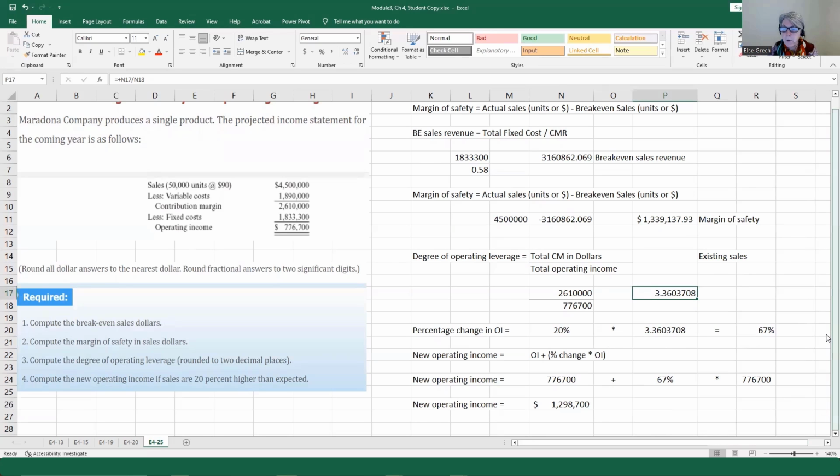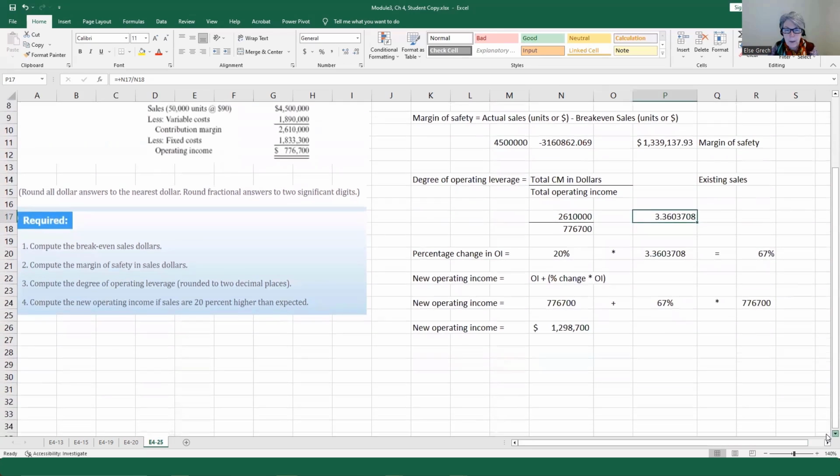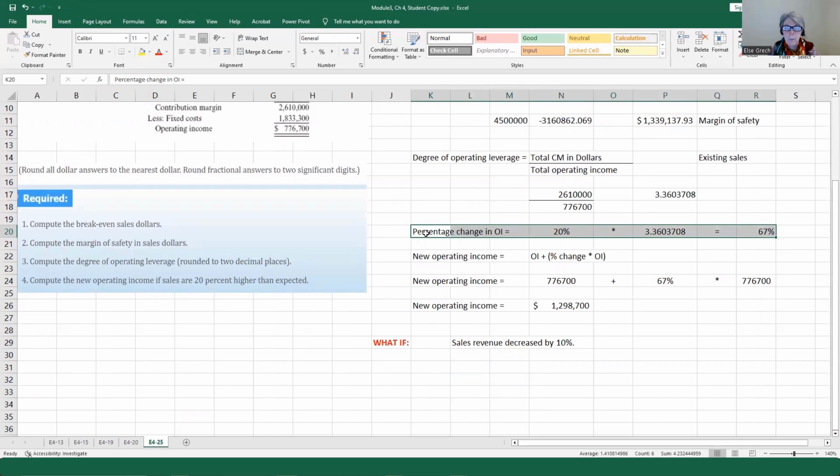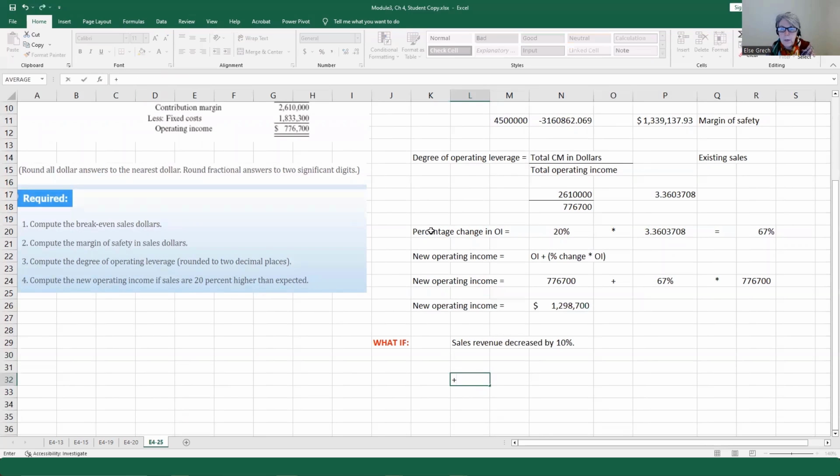And they didn't ask us this in the question, but we're going to do this anyway. We're going to do a what if. So what if sales revenue decreased by 10%? What would happen? Well, we're going to do the same thing we did before. First, we're going to use this formula, the percentage change in operating income. But now we have a negative 10% change.